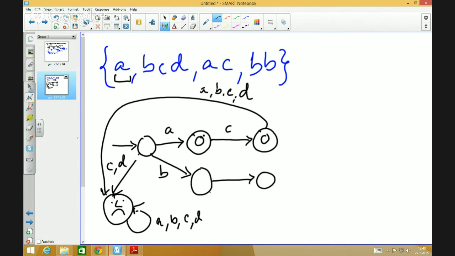Or you can see a C and continue. And after I've seen a C, I want to see a D and be happy. And now you have to fill in this DFA with a lot of other transitions that tell you all the places where you can be unhappy.